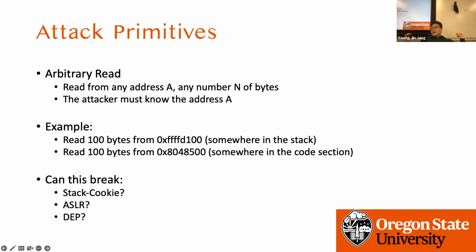But in reality, the capability is a little more limited. Either we cannot choose any address, but can sequentially leak from some variable, or we can choose the address but cannot choose the number of bytes, or n is limited to 64 kilobytes. That's the case of Heartbleed. Have you heard about the Heartbleed attack in 2014?